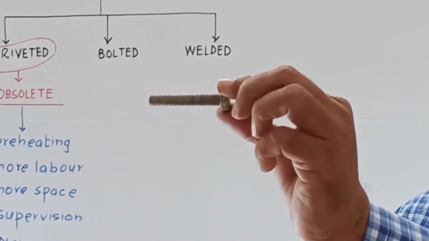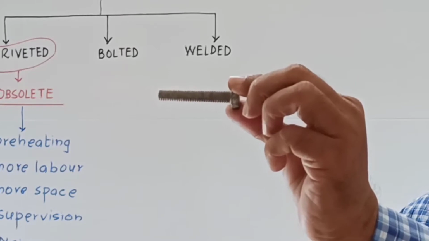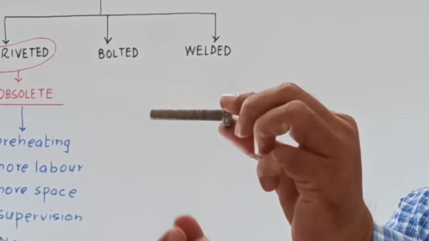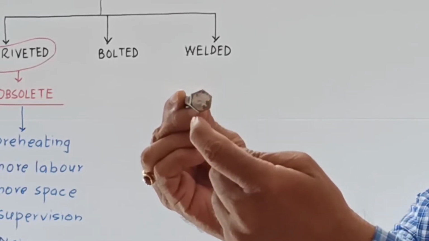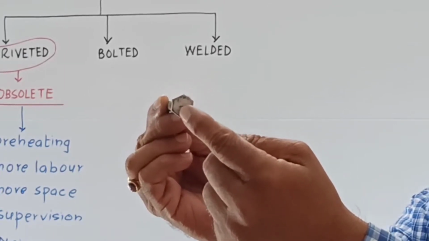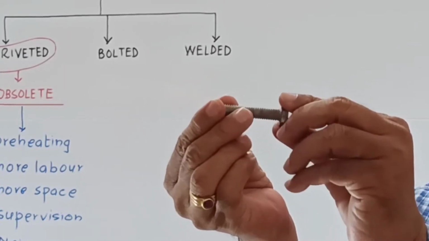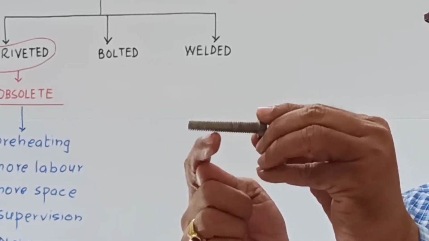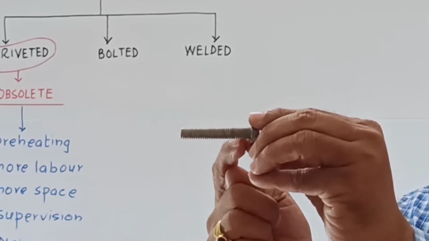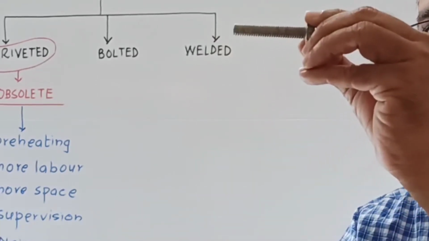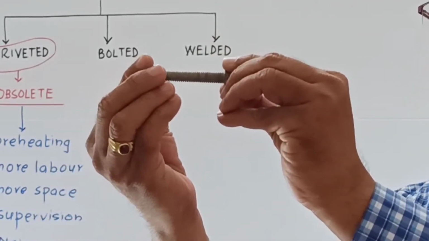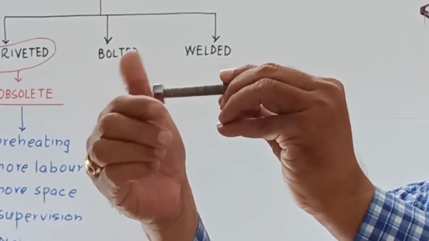A bolt is a mild steel rod or pin having a hexagonal or square head at one end and the shank which has got threads to receive the nut at the other end.